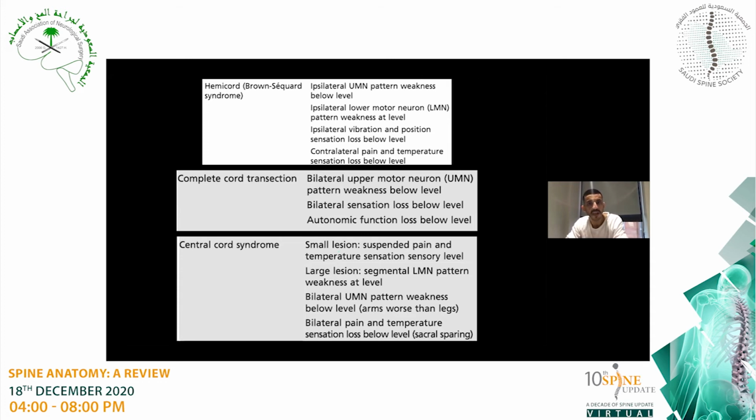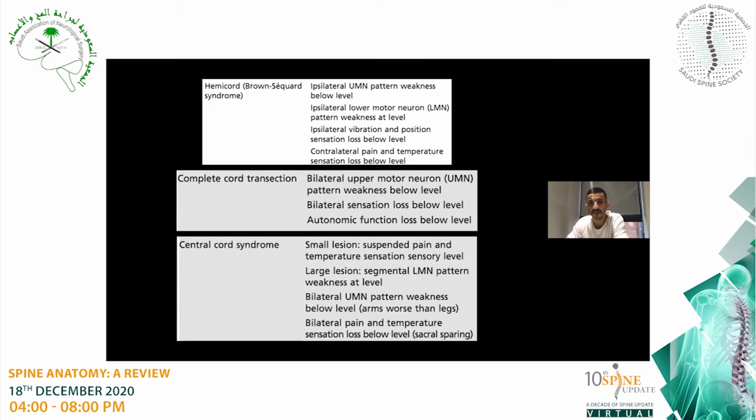Loss of vibration and proprioception because of affecting gracilis and cuneatus, and contralateral pain and temperature loss because the spinothalamic tract decussates 2 to 3 levels below. So everything will be ipsilateral except pain and temperature because they decussate 2 to 3 levels on the spinal cord. Complete spinal cord transection, everything will be affected.